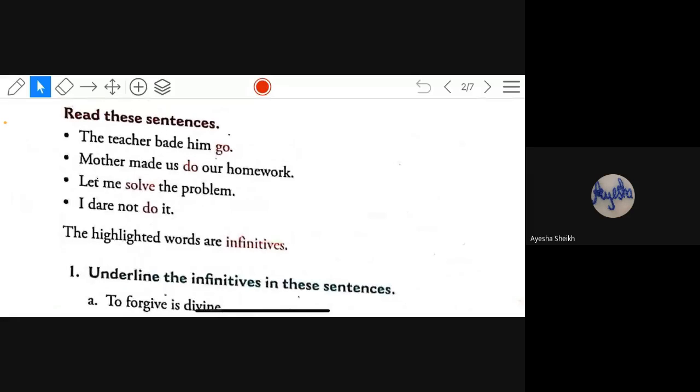Mother made us do our work. Let me solve the problem. I dare not do it. The highlighted verbs are infinitives. So can you see infinitives are used without to also? Yes. It is not compulsory every time to will be there. Sometimes if you see the verb in present tense in first form, then also it is infinitive.